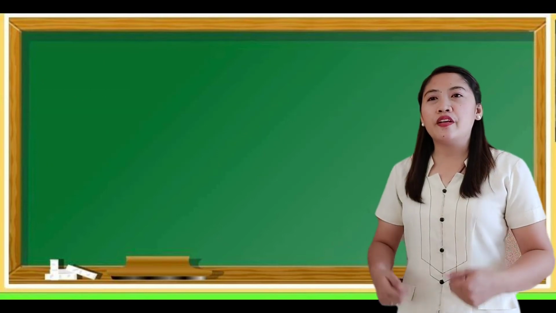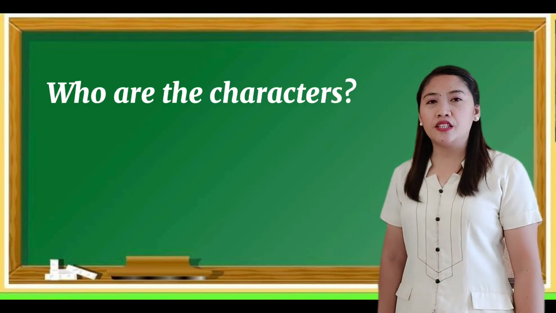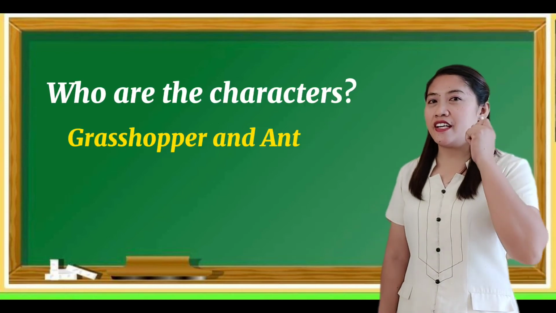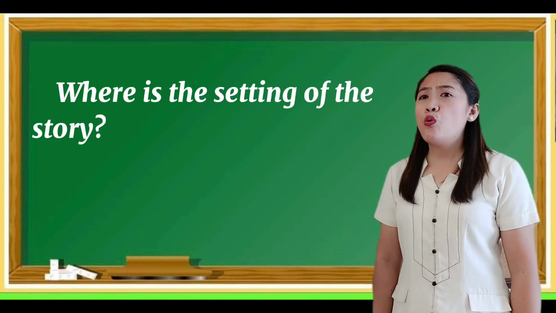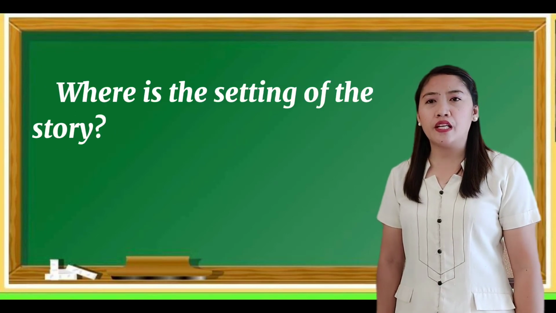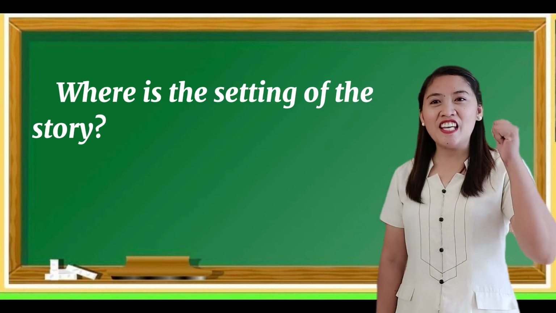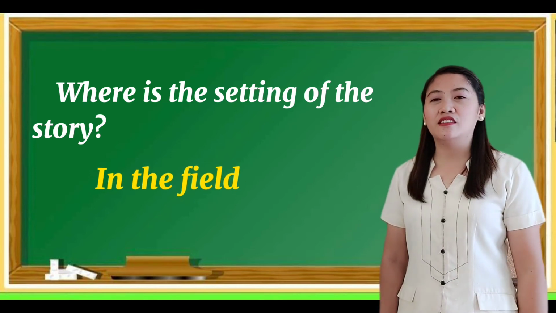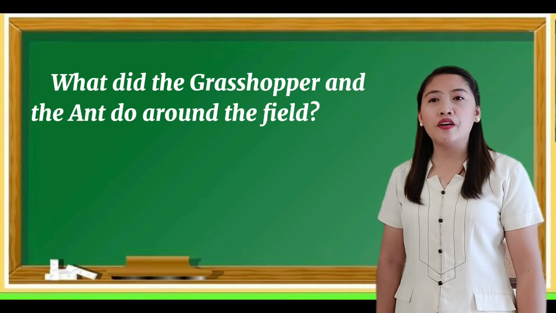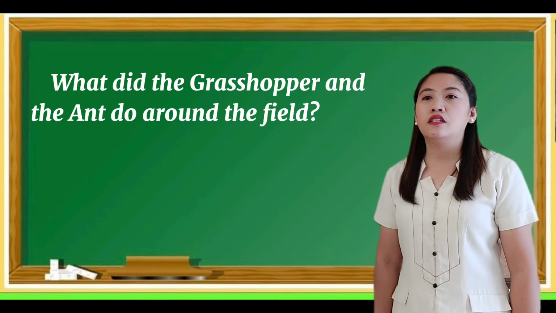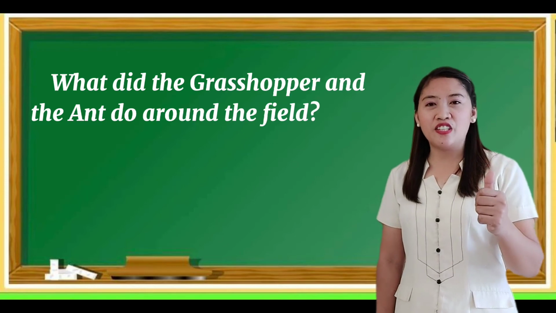Based on the story, who are the characters? Correct! The grasshopper and the ant. Where is the setting of the story? Great! In the field. What did the grasshopper and the ant do around the field? Yes, very good.